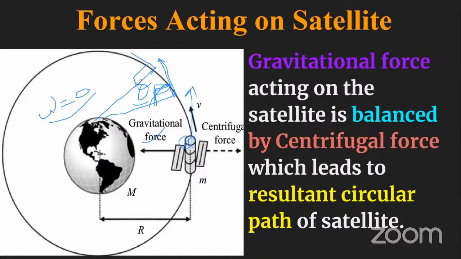Hence the planets don't fall into the sun. Similarly, the satellites don't fall into the planets. The same reason is why the orbits are circular or elliptical. I hope I'm able to explain why the orbits are circular only, not square, hexagon or pentagon.